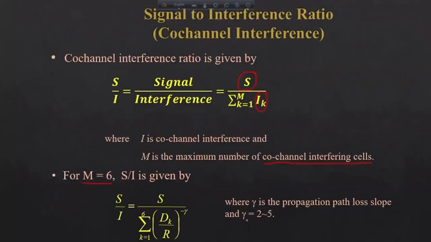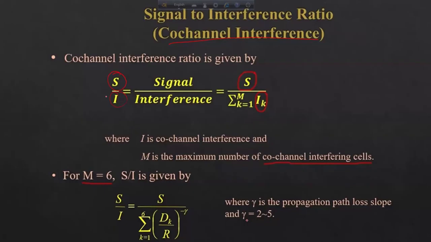Now let's calculate the signal to interference ratio, or co-channel interference. Co-channel interference can be calculated by the signal to interference ratio. So we know that signal to interference ratio can be written as signal power divided by interference power.